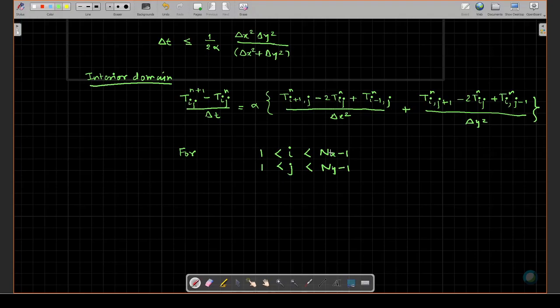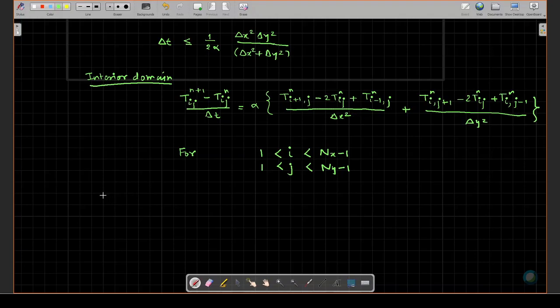These are the last points, so there is no equal to sign. Excluding the last points, for all interior i points and all interior j points, this equation is applicable.